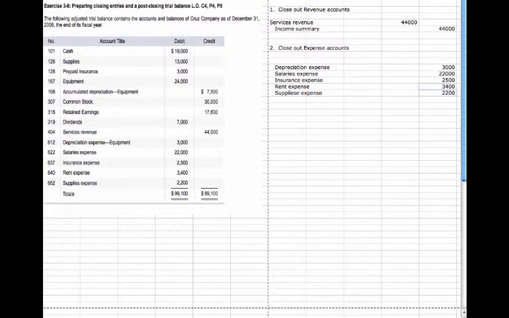If I take the total of those, the balancing account, income summary, will be a debit. And so what I could do is just take the total of these numbers right here, 33,100. So if I did a T account here, I have a debit entry of 33,100 and a credit entry of 44,000. So then step 3 says close out the income summary.